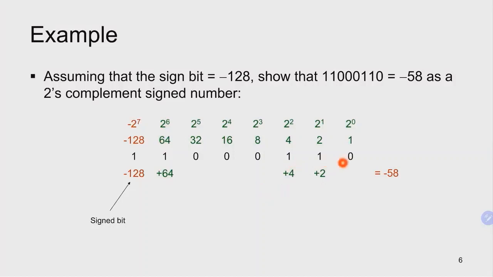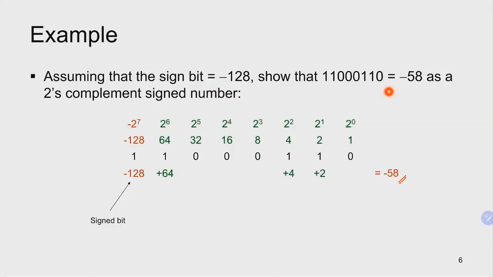Then we have the 3rd bit, which is 2 to the power of 2, with a value of 4, so we assign a positive 4. And then the 2nd bit is 2. If we sum all these values, 64 plus 4 is 68, 68 plus 2 is 70. Then we sum that with minus 128, and we get minus 58. That is the equivalent of our two's complement signed number of this 8-bit binary value.